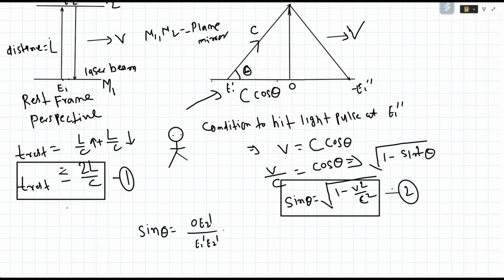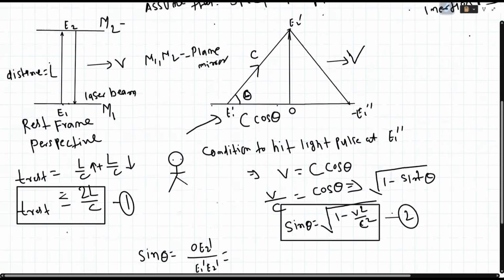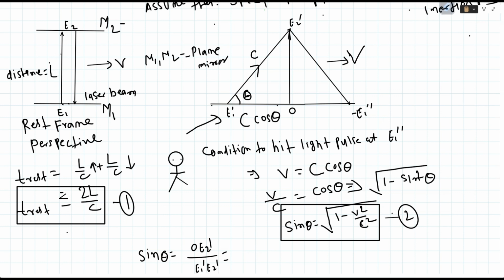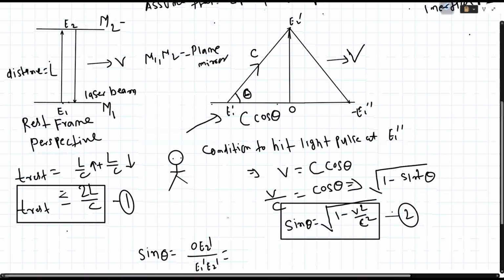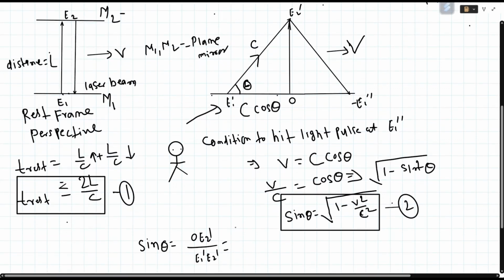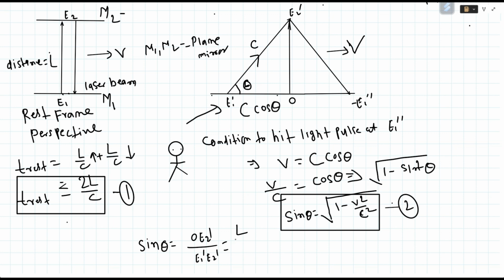O E2 is basically the time taken to cover L, so this is your L, and E1 E2 prime is the time taken in the moving frame. Let us call it a distance d.